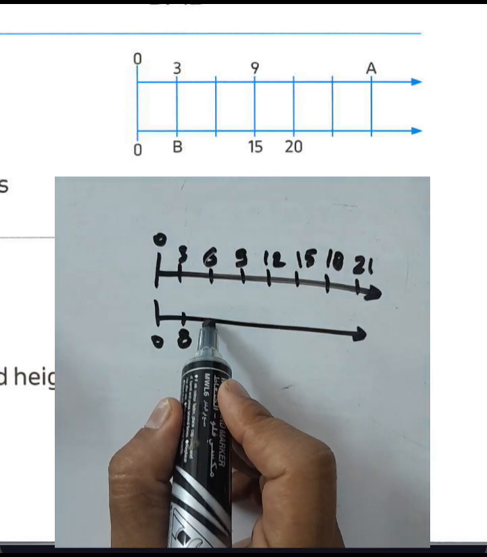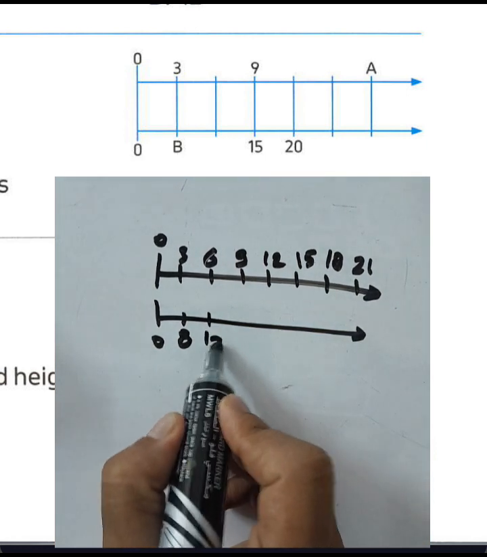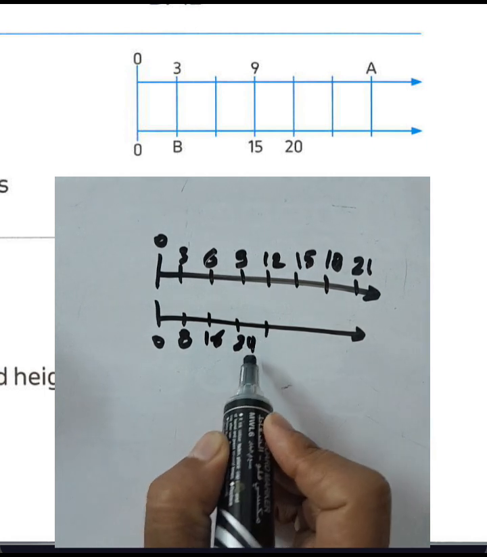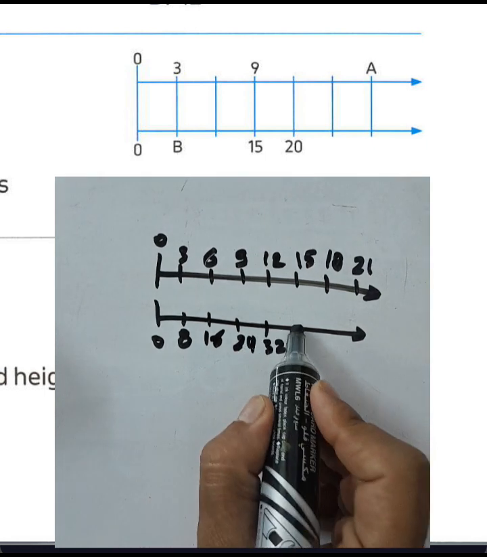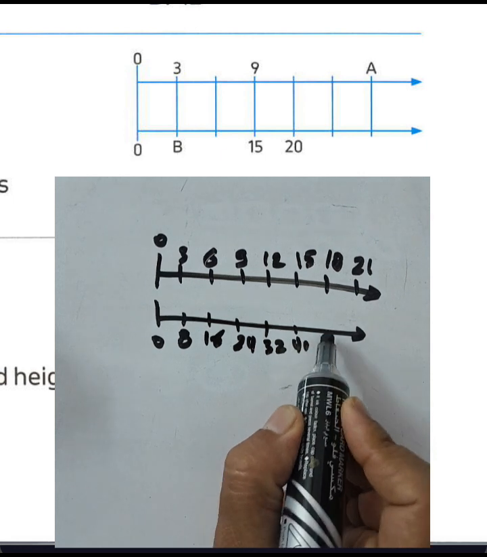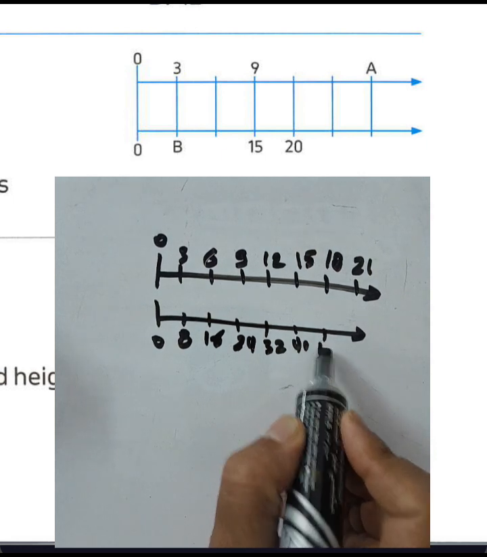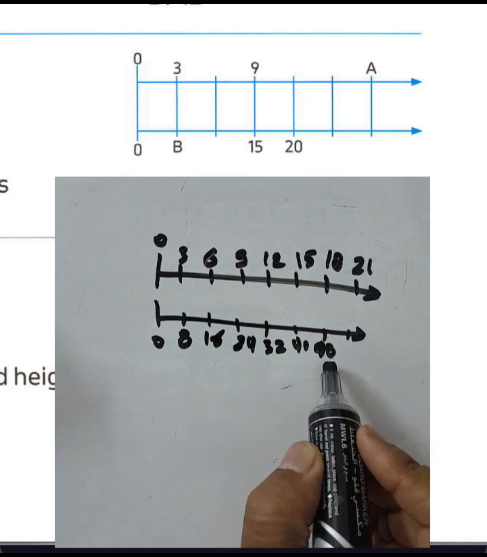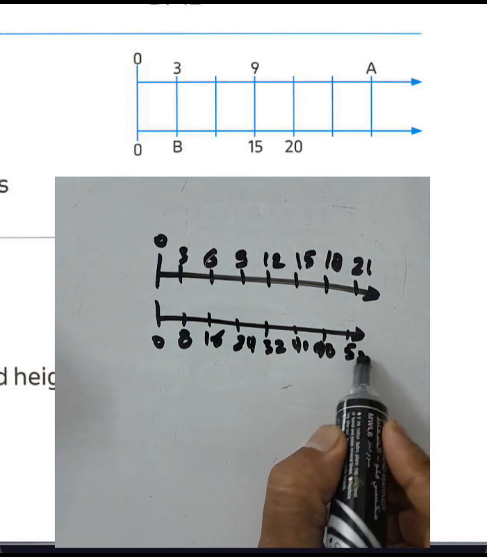And here we have 8 plus 8 equals 16. 16 plus 8 equals 24. 24 plus 8 equals 32. 32 plus 8 equals 40. 40 plus 8 equals 48, and 48 plus 8 equals 56.